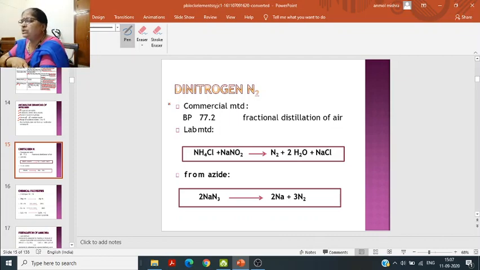The commercial method of preparation, number 1, is fractional distillation of air. When the air undergoes fractional distillation and liquefaction, liquid nitrogen, which has boiling point 77.2 K, distills out first, leaving behind liquid oxygen.